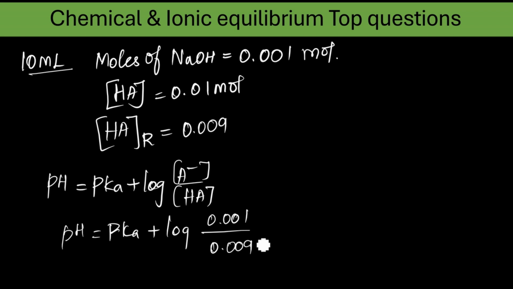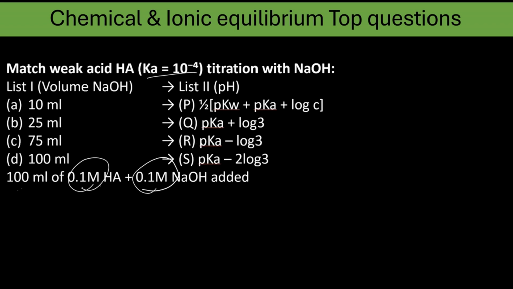So that is nothing but 1 by 9, which is pH equal to pKa minus 2 log 3. It matches with pKa minus 2 log 3, that is C. Similarly, you can find for 25 ml, 75 ml and 100 ml to match with list 2. Let me know what other chapter you want to discuss in the next session. Thank you.